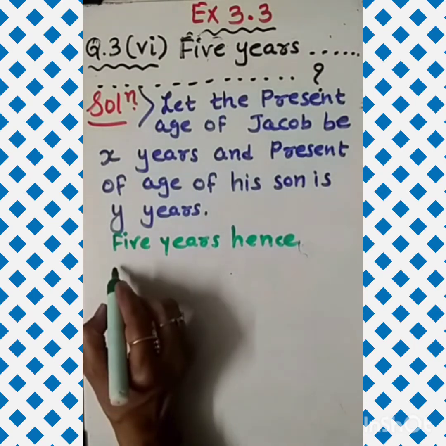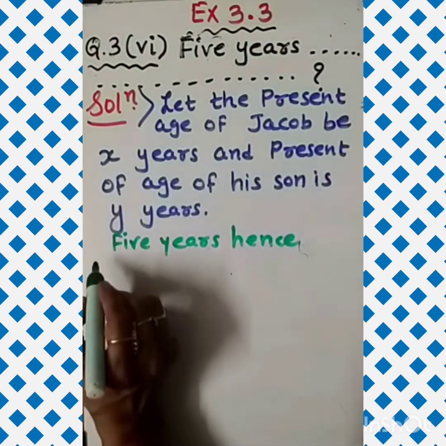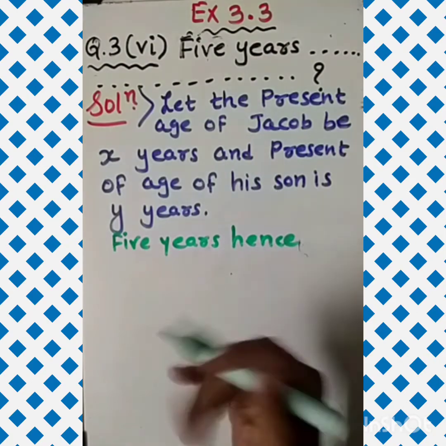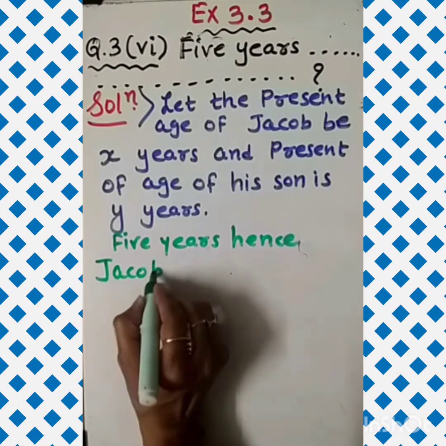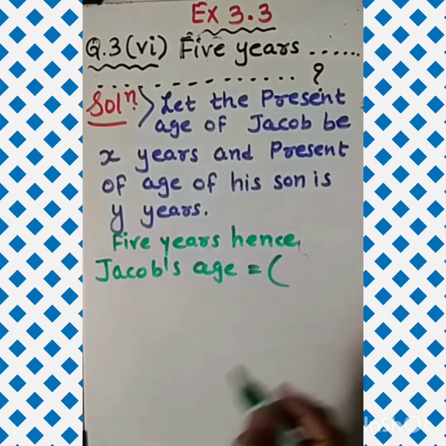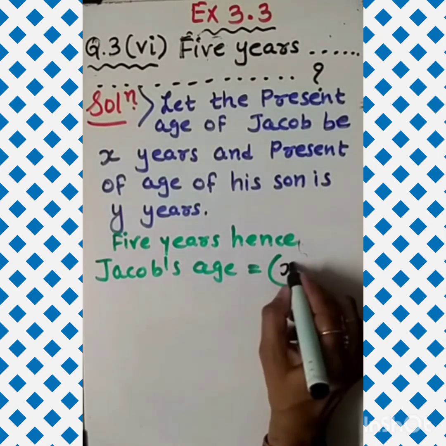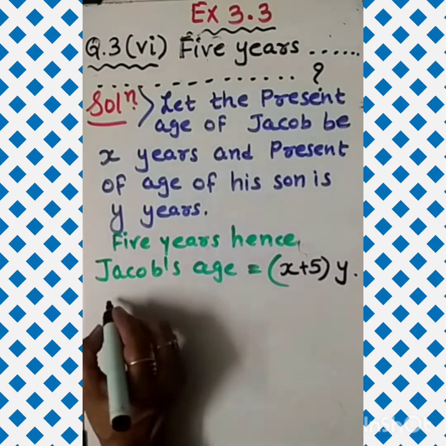So if the present age of Jacob is x years, after 5 years, what will be his age? We need to mention Jacob's age. Of course you will tell, ma'am, it will be x plus 5 years, because from now and onwards. Now this is Jacob's age.